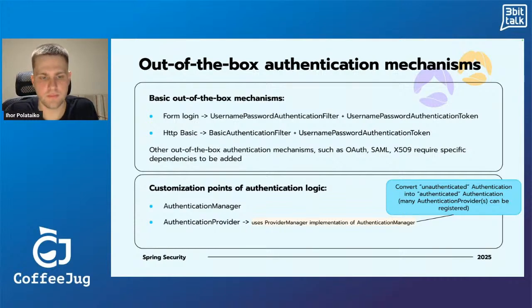But an authentication provider would allow you to have many implementations of authentication logic in scope of your security filter chain, one per each authentication implementation individually. So the job is pretty simple. It converts an unauthenticated authentication into an authenticated one, but you might have many of them.